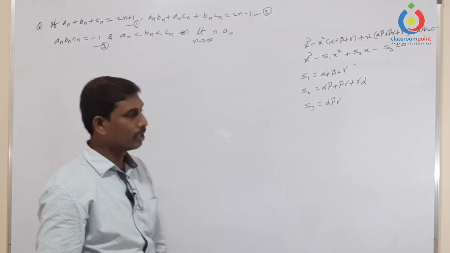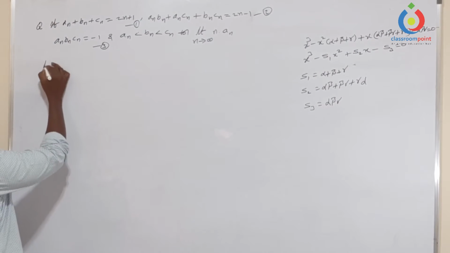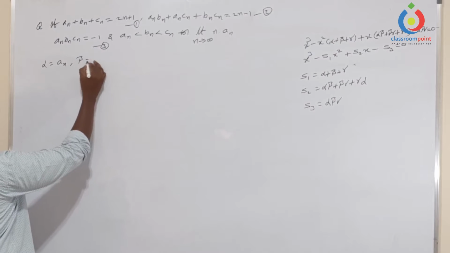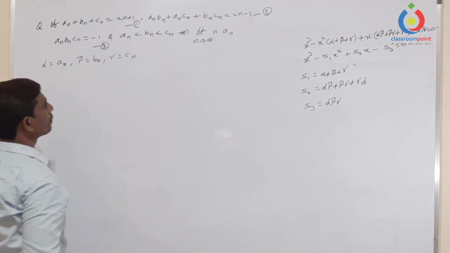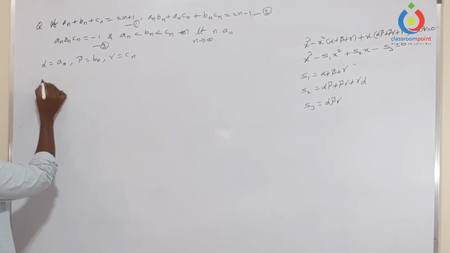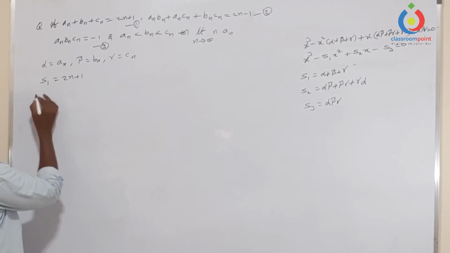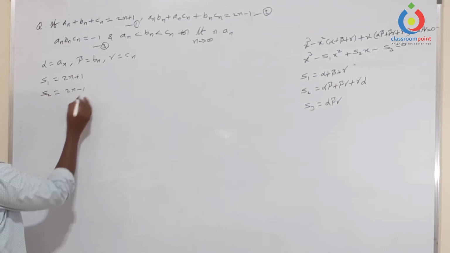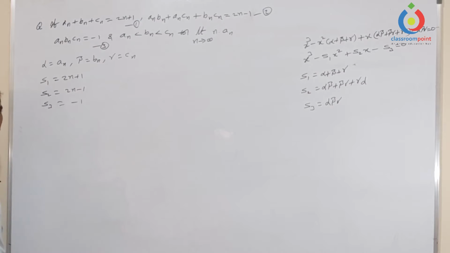By comparing, let us take alpha is equal to an, beta is equal to bn, gamma is equal to cn. So then automatically S1 is equal to 2n plus 1, S2 is equal to 2n minus 1, S3 is equal to minus 1.